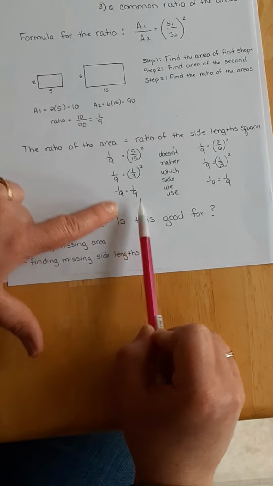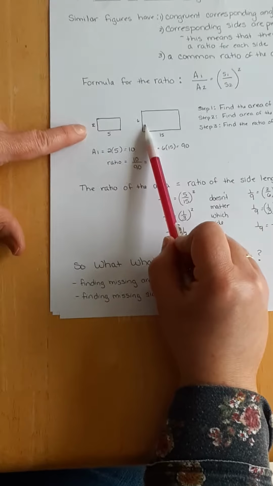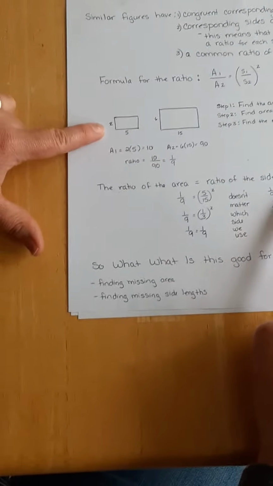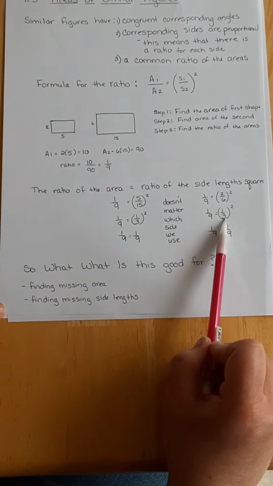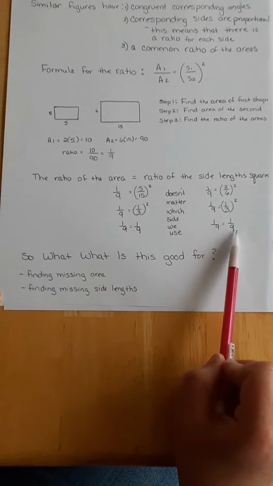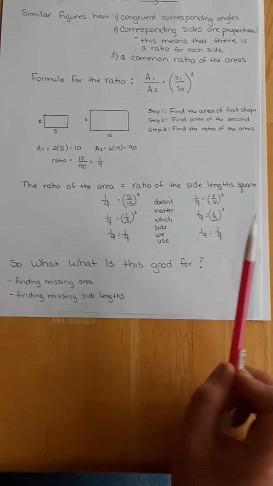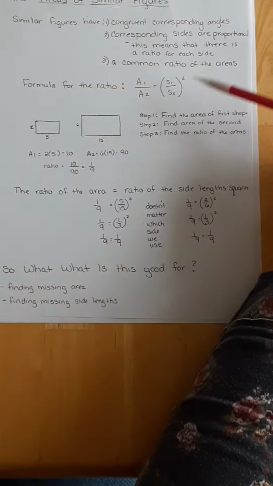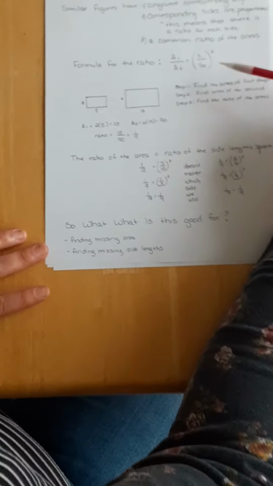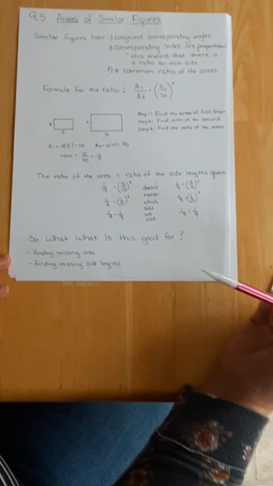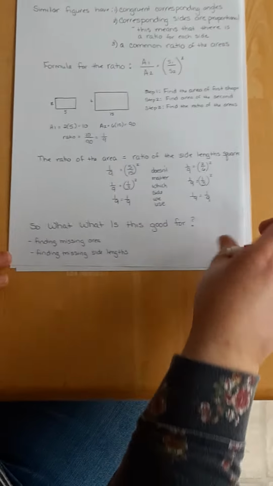We can do the same with the shorter sides. We can take the ratio 2/6, and then reduce it down to 1/3, square it, and you notice that they're the same. So this proves that this formula for the ratios is correct. We can work with similar figures. So now what do we do with this? Let's look at some examples.